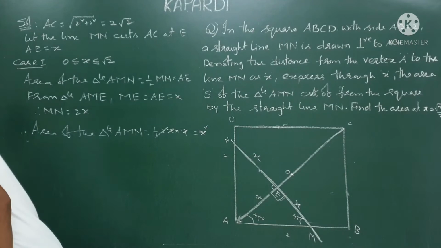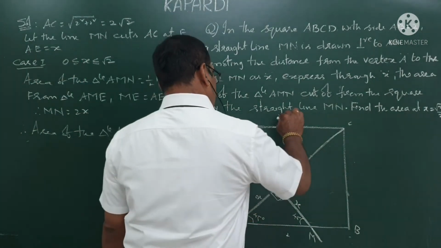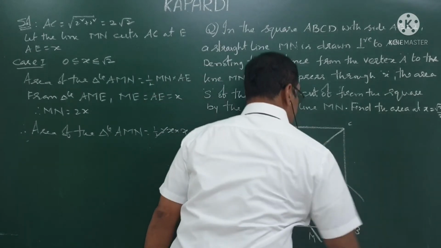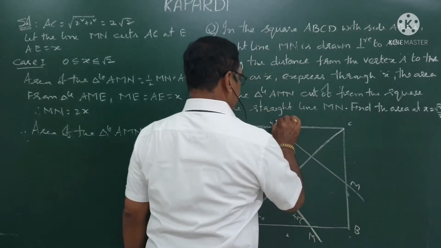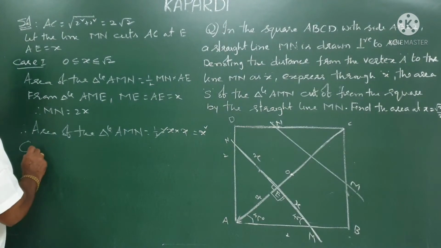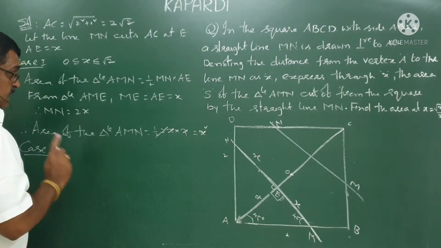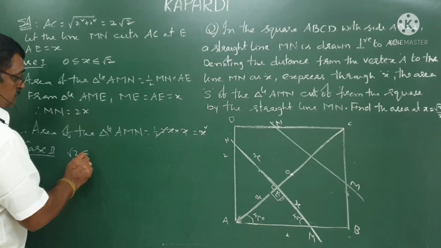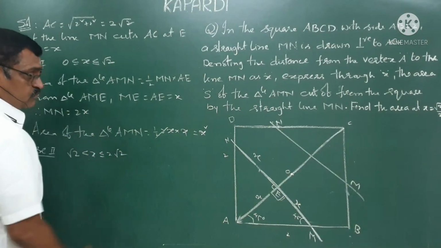For case 2, I draw a line here between O and C. Case 2: x is greater than root 2 and less than or equal to 2 root 2.